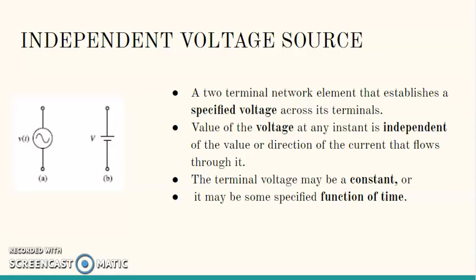The first one, A, is indicated by a circle with a sine wave symbol within it. It indicates an AC voltage source, having a value of voltage changing with respect to time. Whereas in figure B, we have a battery, which can also be called a DC voltage source. So this is about the independent voltage source.